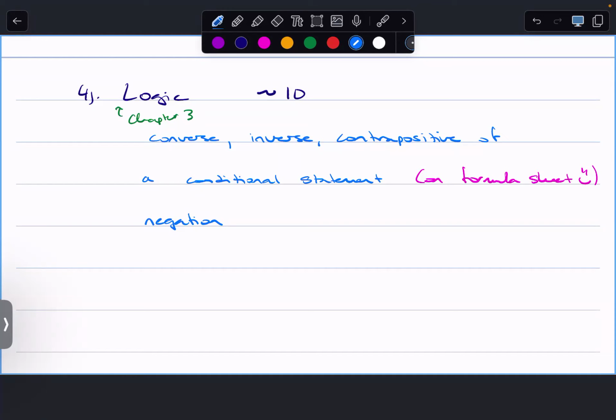That's okay. Oh, they are in the equivalence laws, on the formula sheet.